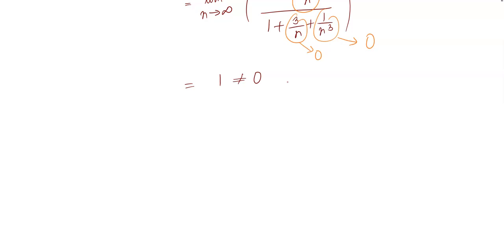I apologize, I said the second condition, it's the first condition, because I just quickly checked. The second condition for limit comparison theorem is if limit An over Bn equals 0 and Bn converges, then An converges. So I misquoted it. It should have been the first condition, because the limit is a number that's not equal to 0. That means both An and Bn series converge or they both diverge.